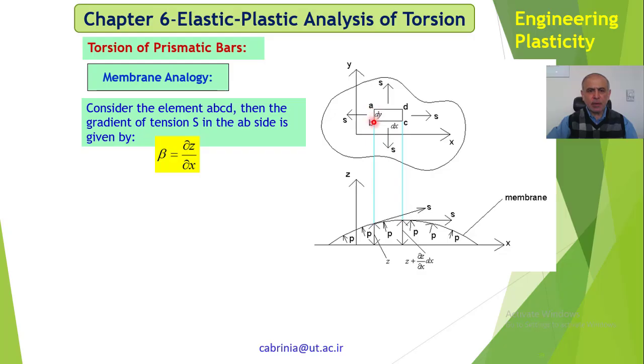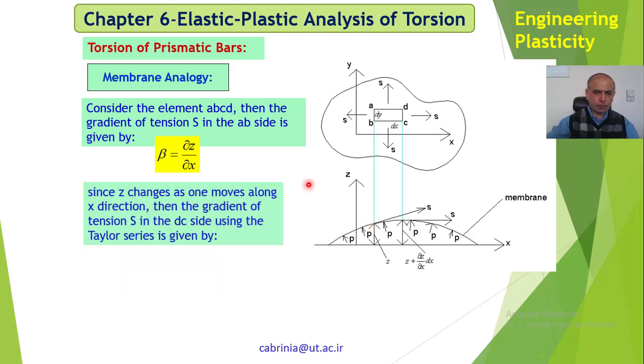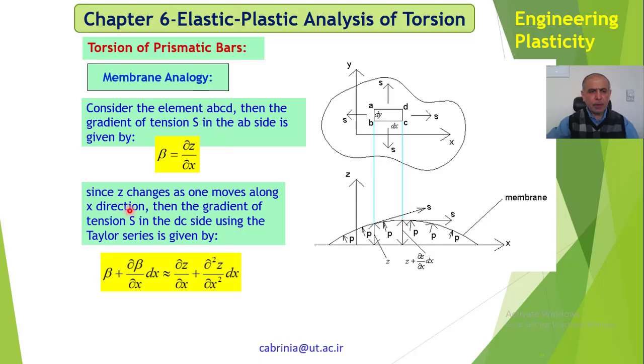On the AB side, the gradient of S is partial Z, partial X, and we call it beta.